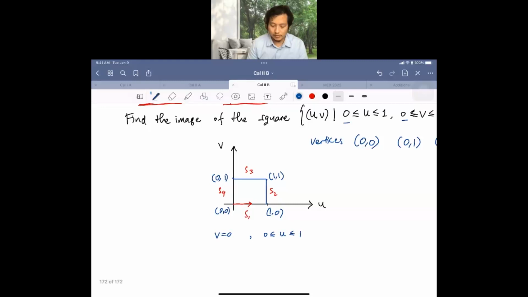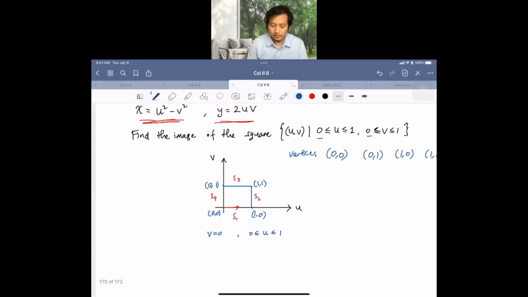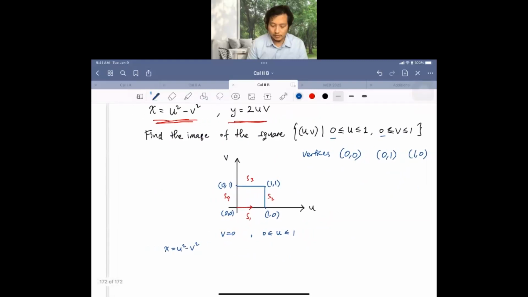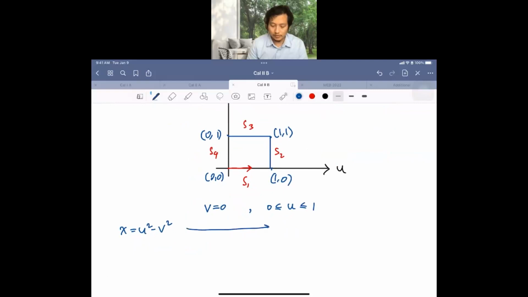And we have the equations. Let me write here, x is u squared minus v squared. By these restrictions, we have x equal u squared and y equal 0.